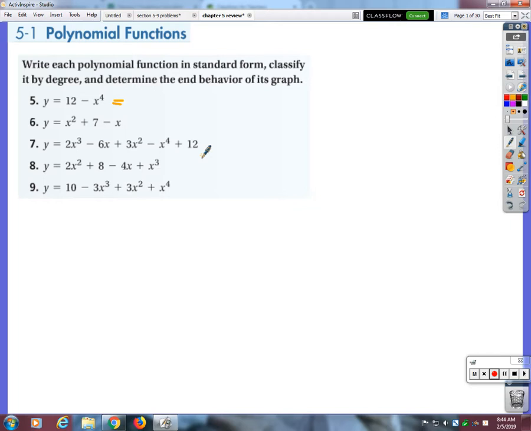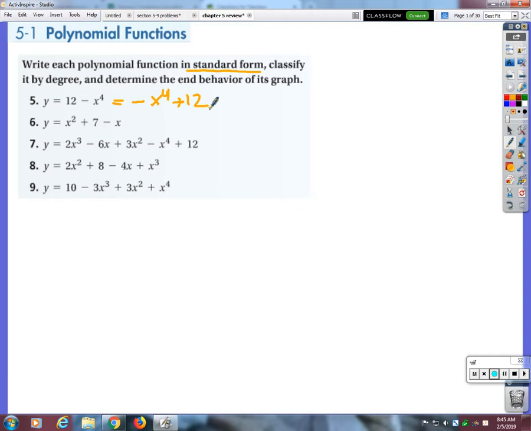You're naming it, but we need to write it in standard form first. So the negative x to the fourth comes first, and then the plus 12. Okay, so now it's in standard form. Highest exponent first, and then the next highest, and the next highest, and so forth.